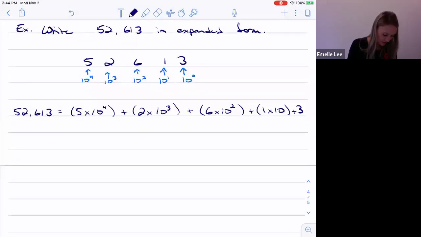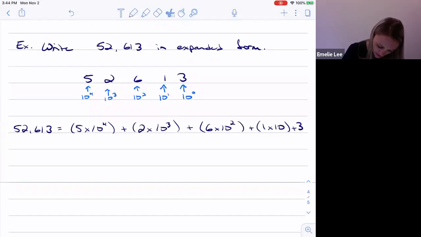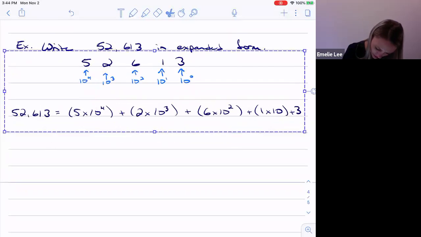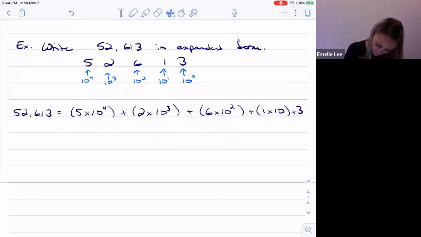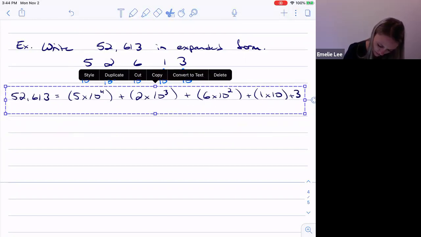What if I wanted you to write, here, I'm going to scoot this up so we can keep all these examples on the same page. It's just for me though.